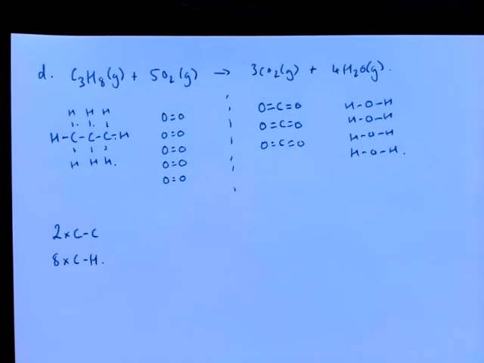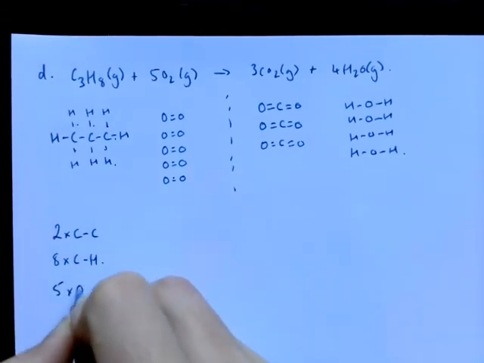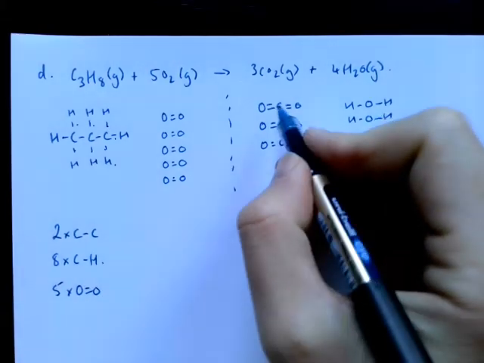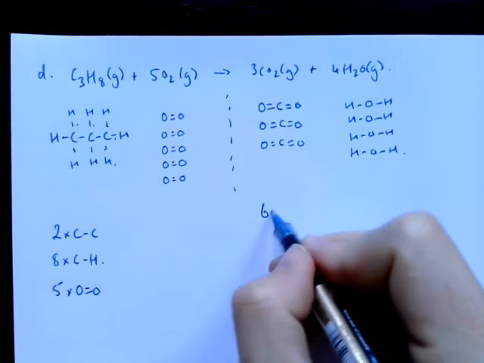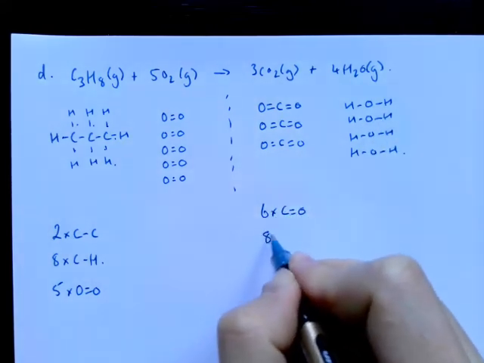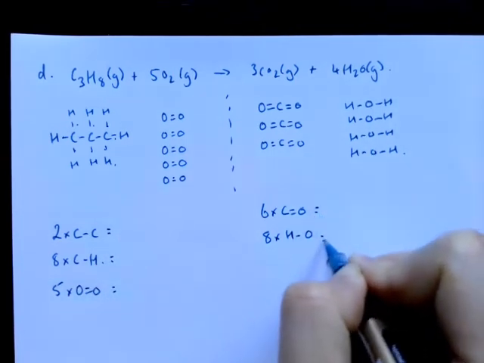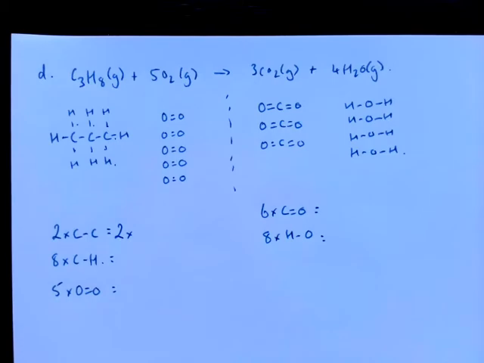It might be useful for you to write the numbers above the bonds, any way that you can make absolutely sure that you're not missing anything out. And I've got 5 times O=O. Over here I've got 6 times C=O. And I've got 8 times H-O.